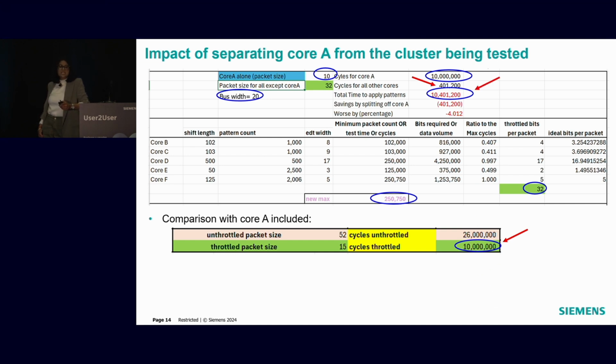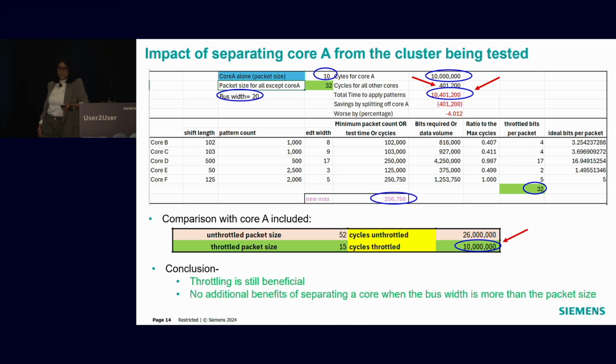So what's the conclusion here? The conclusion is throttling is still beneficial, and there are no additional benefits of separating a core when your bus width is less than your packet size. You're already keeping unused bandwidth. So just add more cores to the mix and fill that bandwidth to increase the utilization of the bus that you are already reserving on your tester.